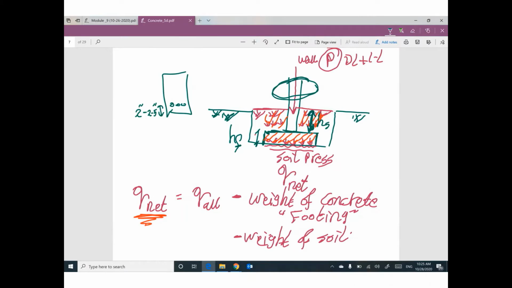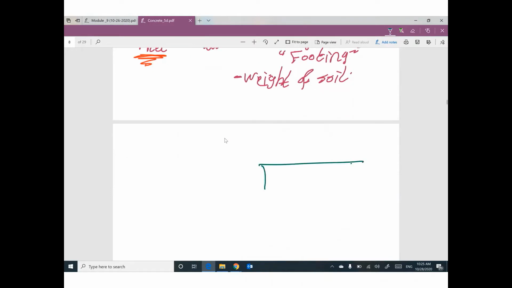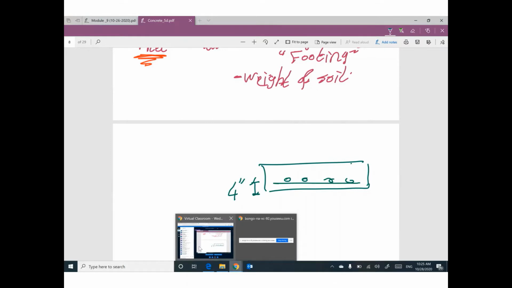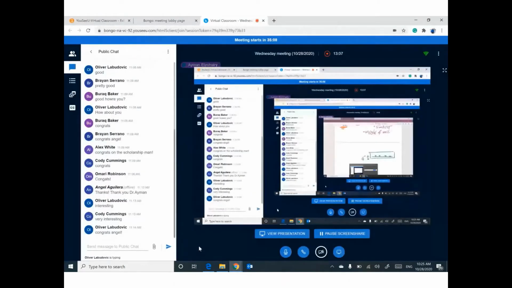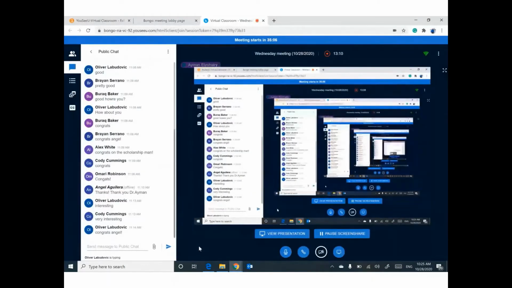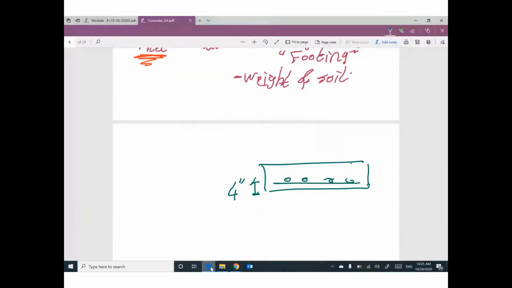For a column with reinforcement, this cover is around 2.5. Can you tell me why, if you have a footing and you have steel reinforcement, this cover is 4 inches? It's too much. Do you know why? The cover of concrete to the steel reinforcement is too high in the case of footing.